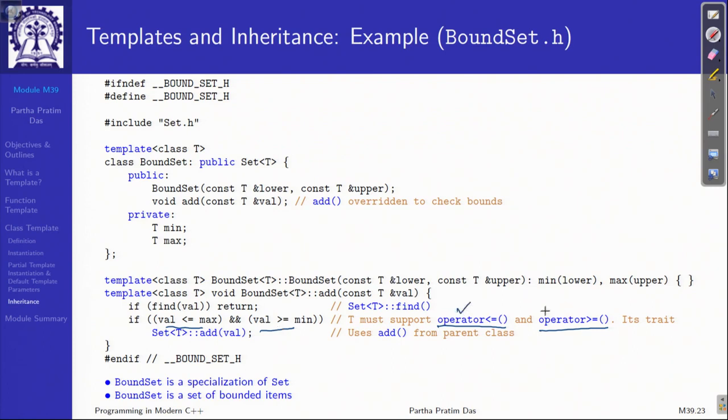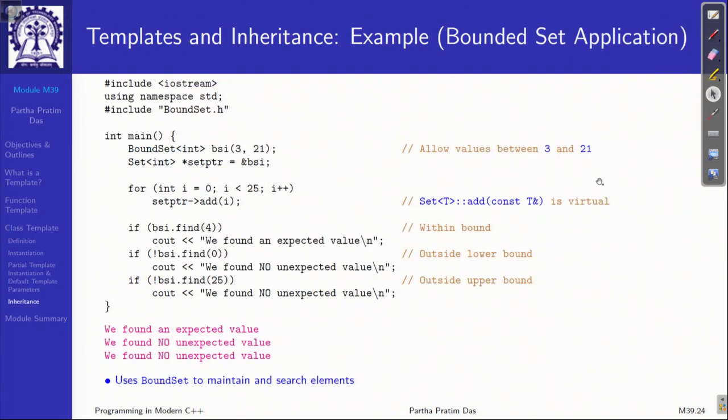So, these Boolean operators must be supported by the type T. I can have it on int because int has these operators, I can have it on double because double has these operators, but I may not be able to have it on student because I have not defined any such operator. So, this is your basic class template, with a complete example.